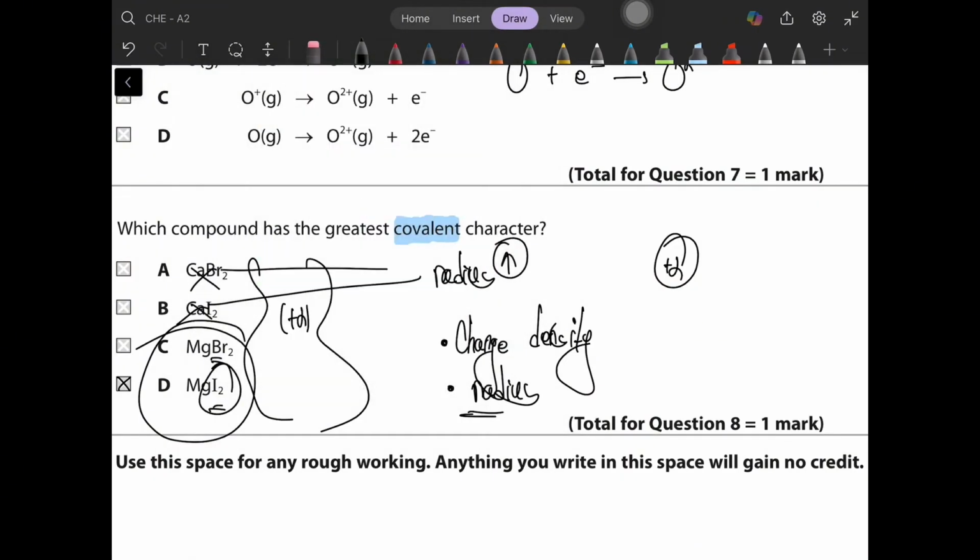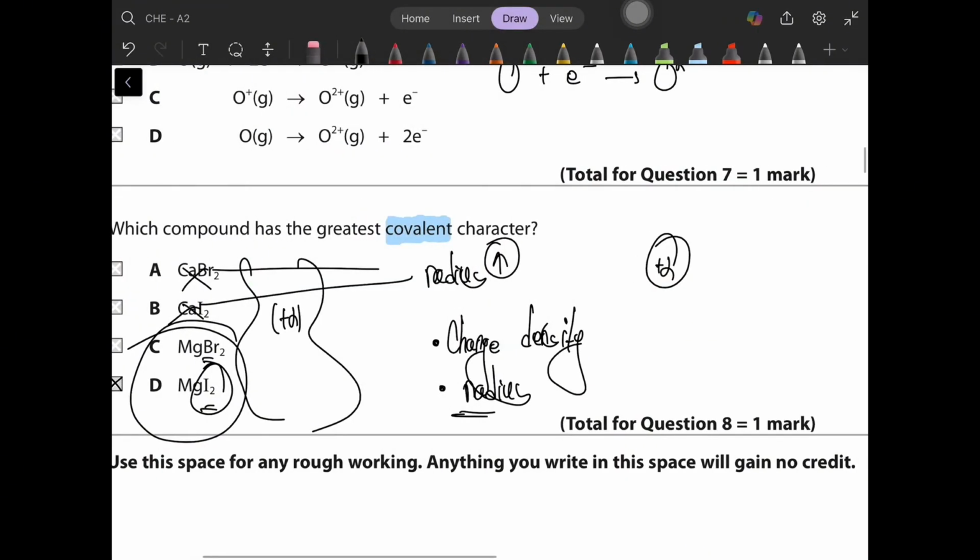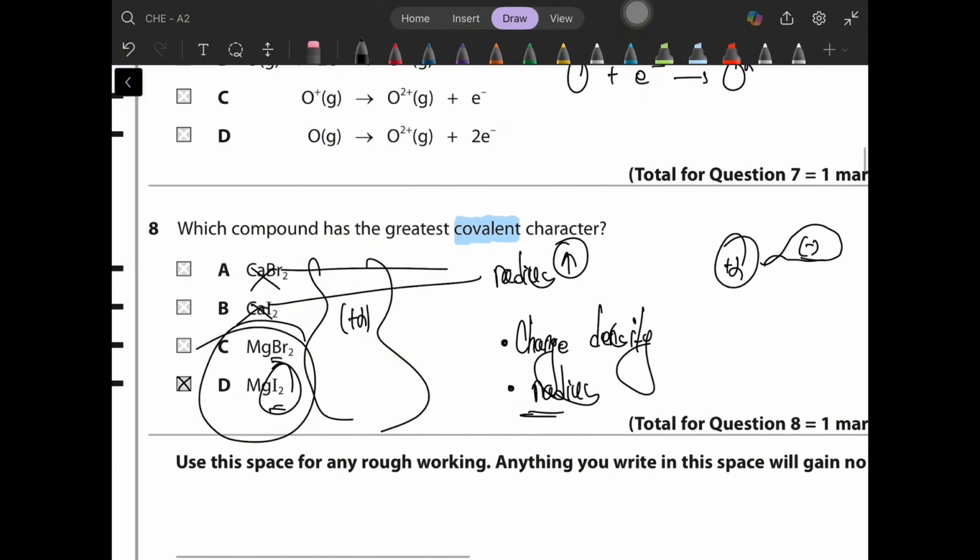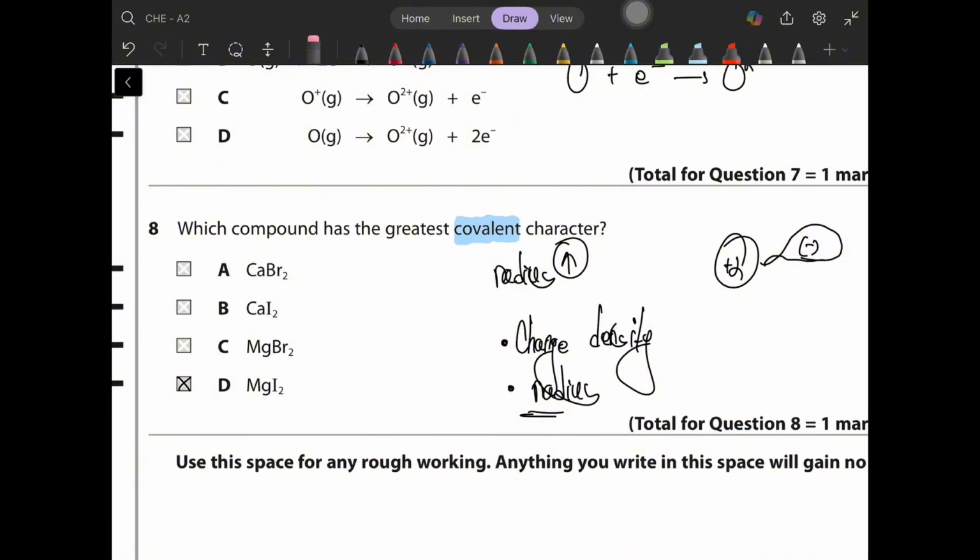Magnesium is going to distort the electron cloud of iodine, because iodine is larger. As it is a larger ion, it is easier to distort the electron cloud of iodine, and hence magnesium iodide is going to have the greatest covalent character, right?